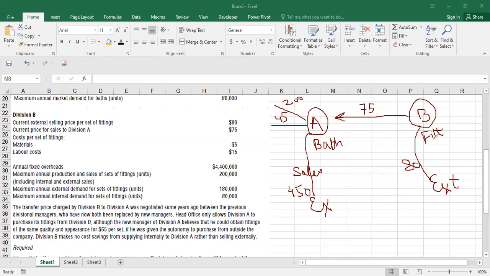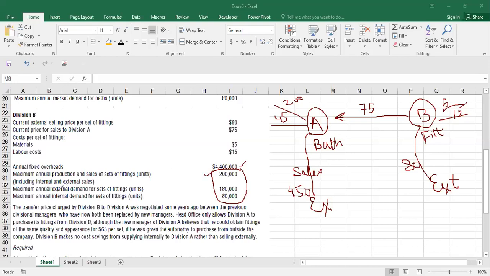Their material costs are 5 and they have a labor cost of 15. And then they also have some annual fixed overheads of 4.4 million. And this is very important information to remember, because the maximum annual production is 200,000 units.